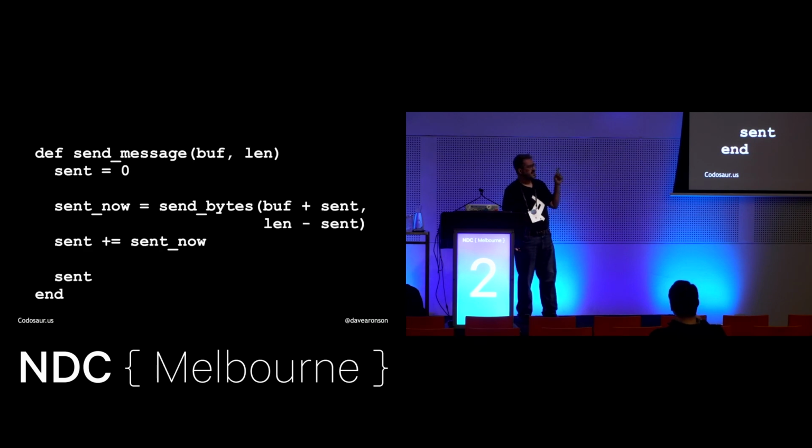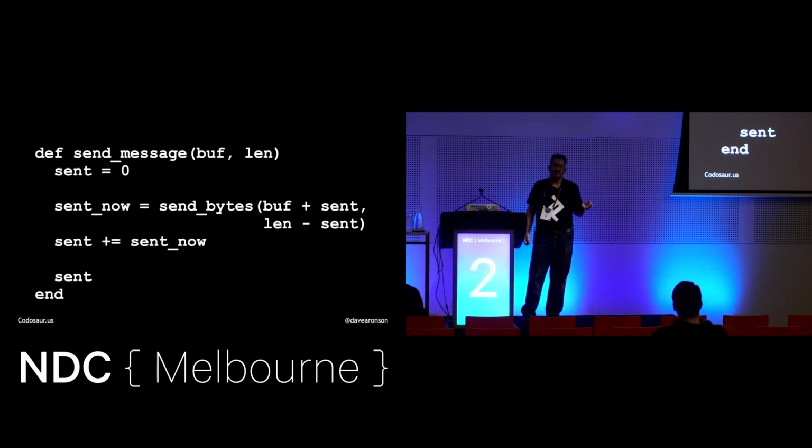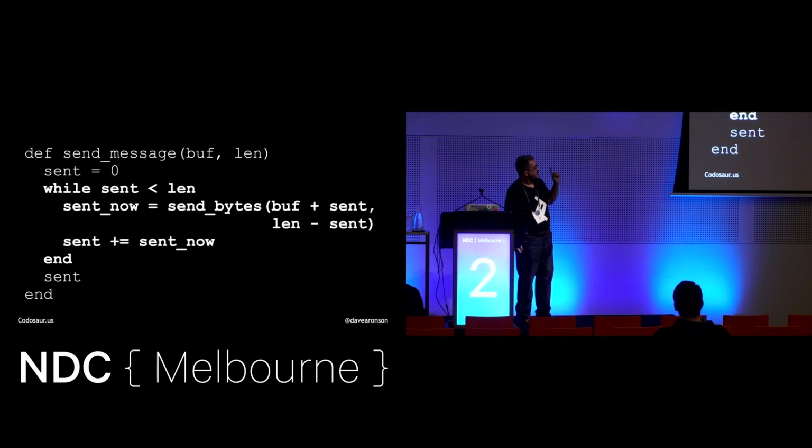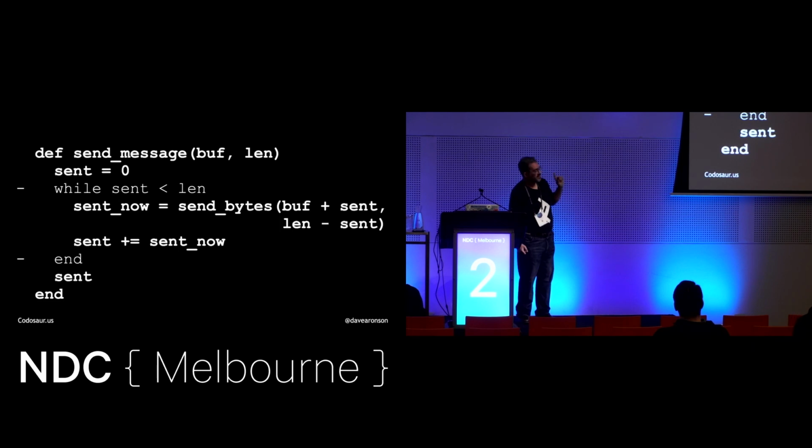Now, suppose that this mutant does indeed survive our test suite, which consists mostly of this. There's a little more that I'm not going to show you quite yet, dealing with setting the size and actually creating the message. But even without seeing that, what is this non-looping mutant trying to tell us?